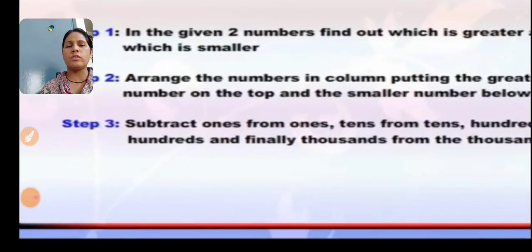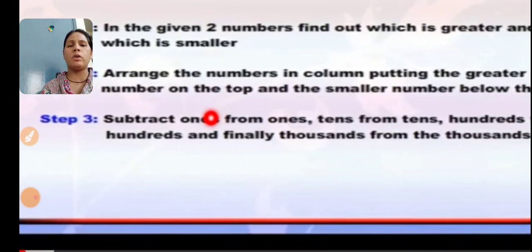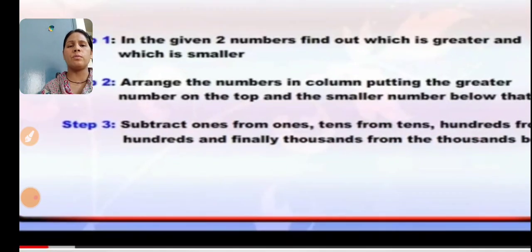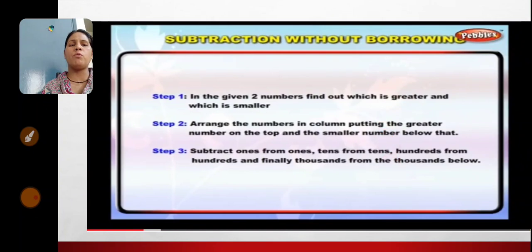Always start subtracting from the ones column, then tens from tens, hundreds from hundreds, and finally thousands from thousands. These are the 3 steps you have to follow while subtracting 3, 4 or 5-digit numbers without borrowing.